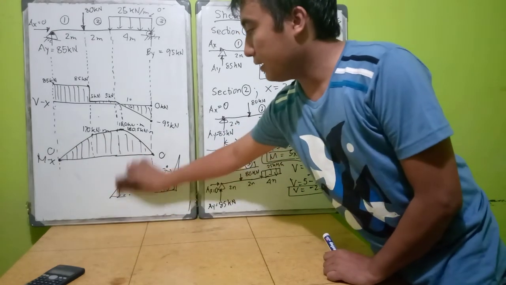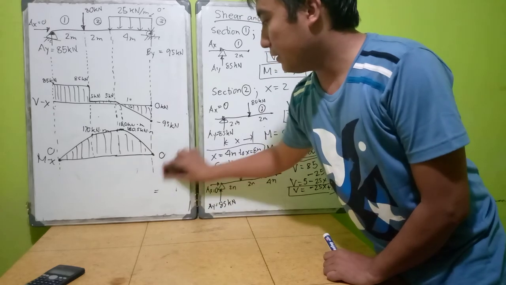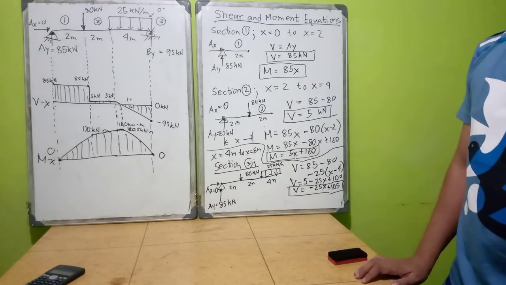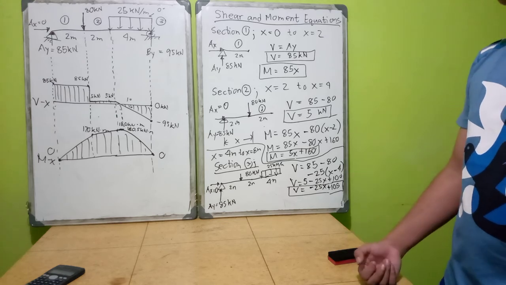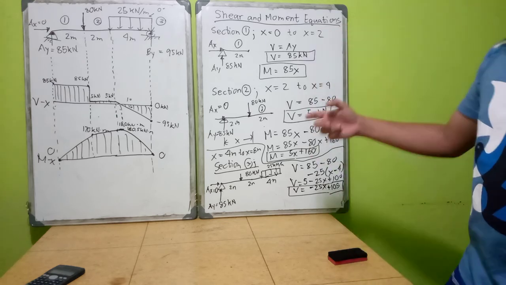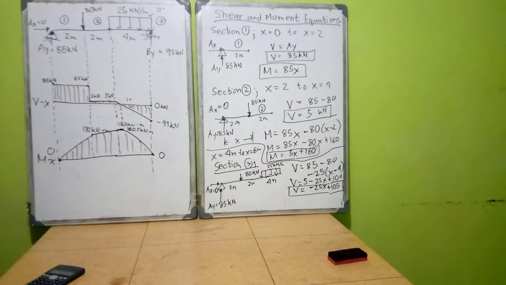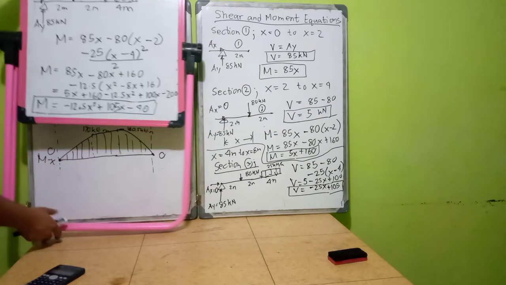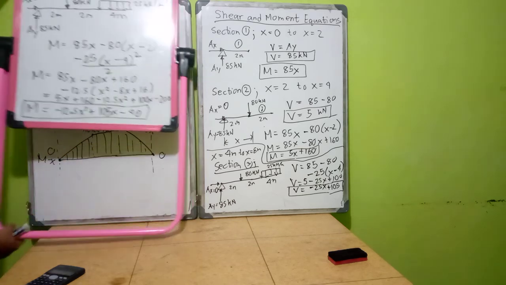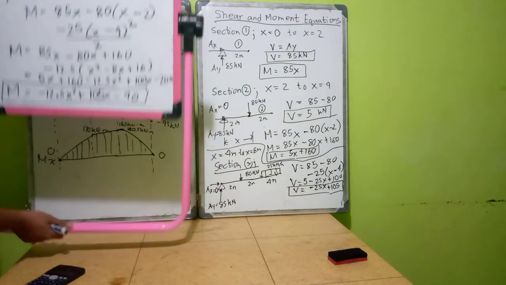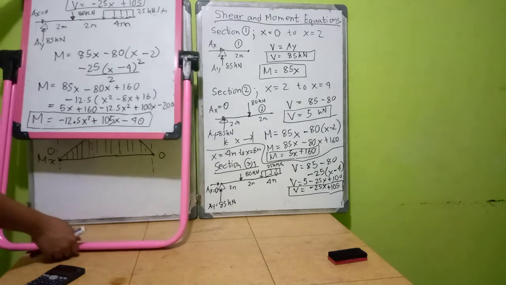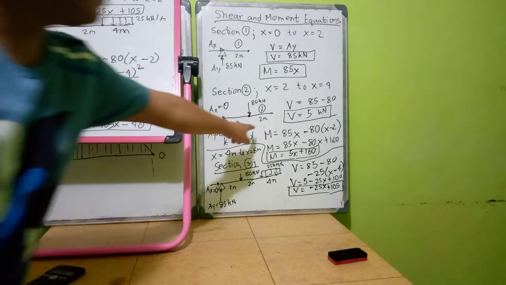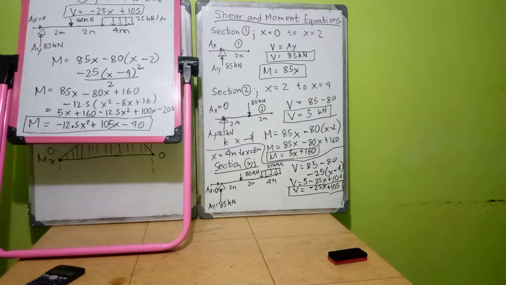So this is how you do your shear and moment equations in order to construct your shear and moment diagram. This is the second part of your shear and moment equations, part 1 and then part 2.